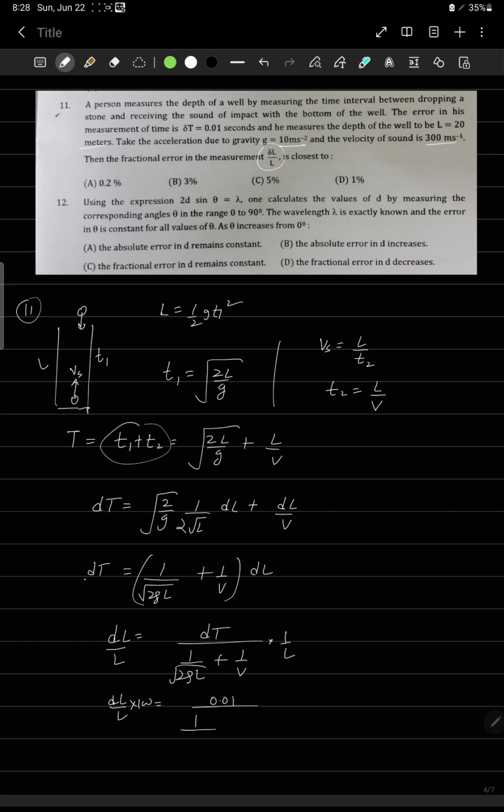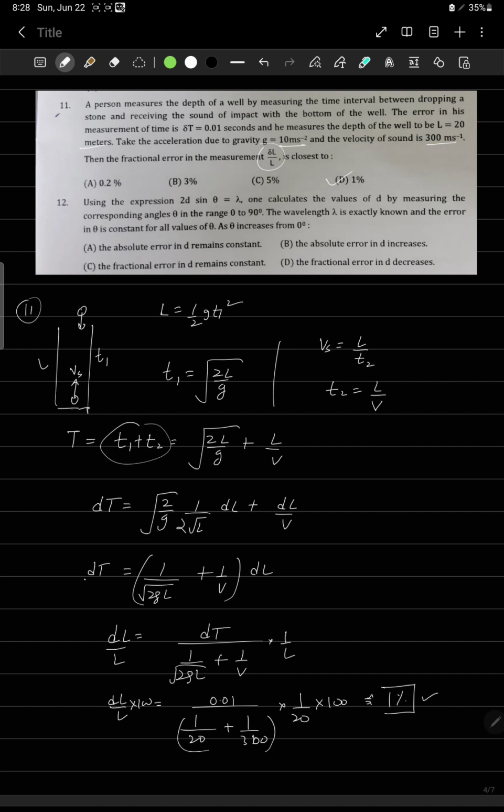So 2 into g, 10, into 20, it will make 400, so root gives 20. So 1 by 340, 300 sorry, into length of tube 20, and multiply by 100. When you solve this, you'll get approximately 1% as the answer, which makes option D the correct one.